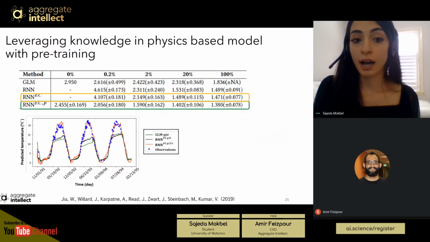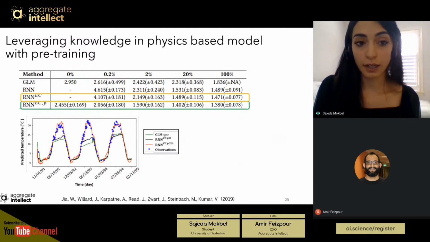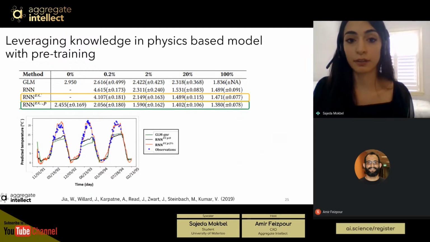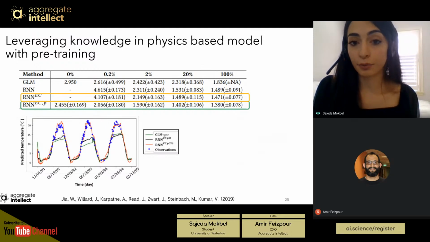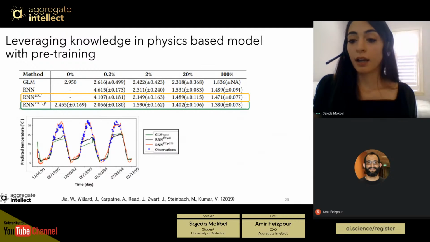So it helps a lot. You can see visually between the highlighted yellow and the highlighted green, it does improve the performance a lot.